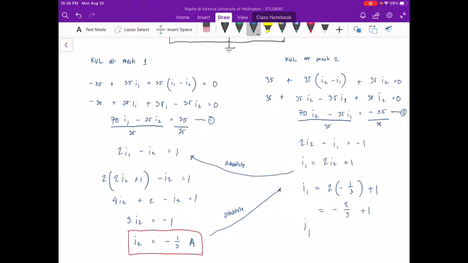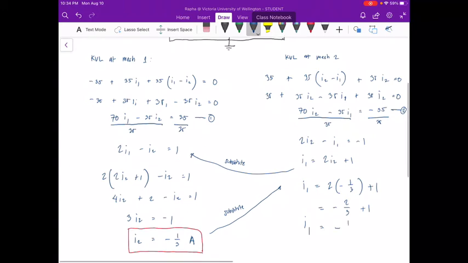The value of our I1 is now, negative, no, this is not negative, positive 1/3 amperes.